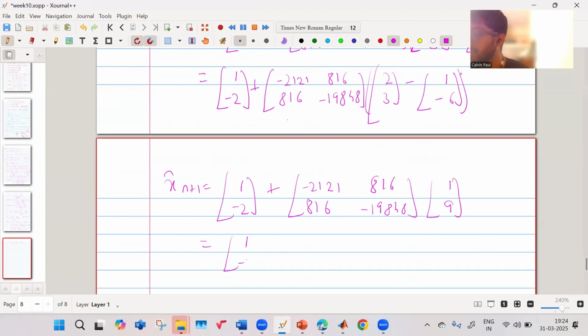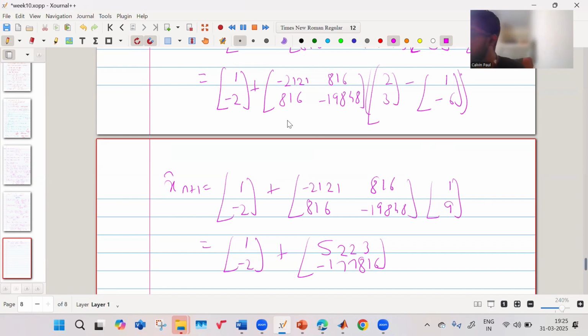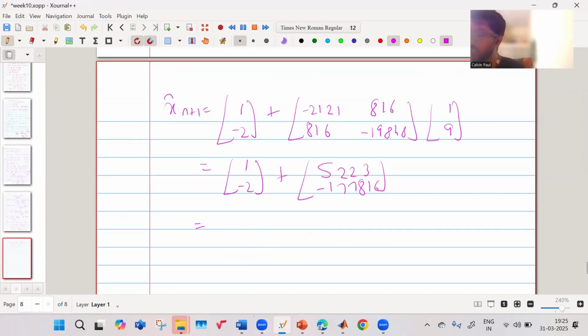And this becomes equal to 1 minus 2 plus minus 2121 plus 816 into 9, minus 2121 plus 816 into 9. That becomes equal to 5223. Then we have 816 minus 9 into 19848. That is minus 177816.